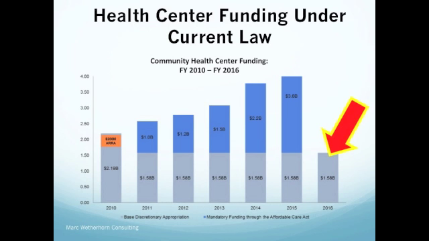And so this funding actually ends in 2016. And if Congress doesn't act, there's going to be a 70% cut in the grant funding to health centers. You can look for yourselves and imagine what a 70% cut in your grant would do to your health center and your services. But the point here is these are, again, elected officials who have to act in order to protect health centers and their patients.